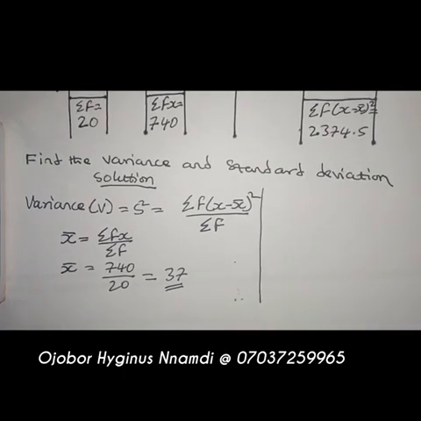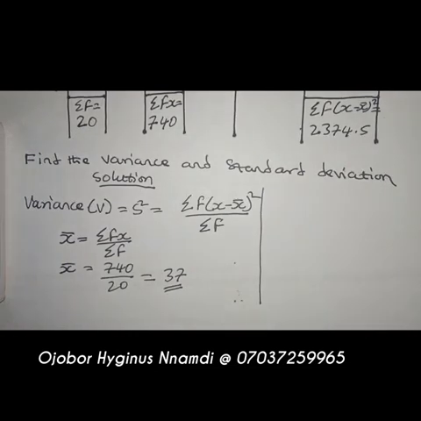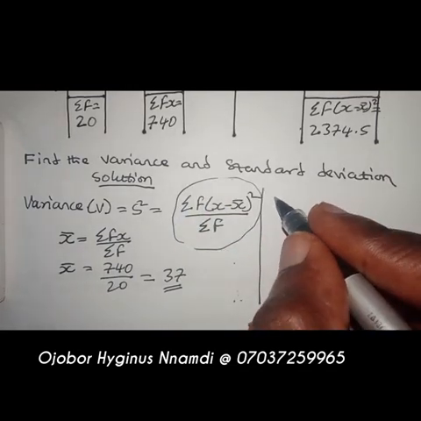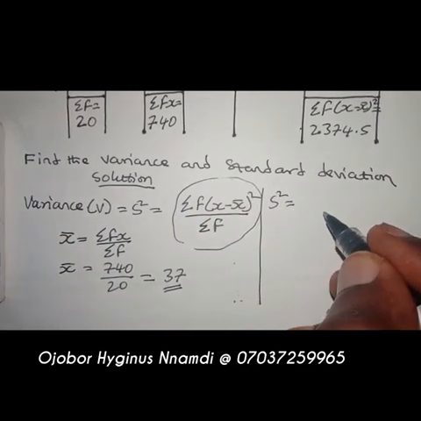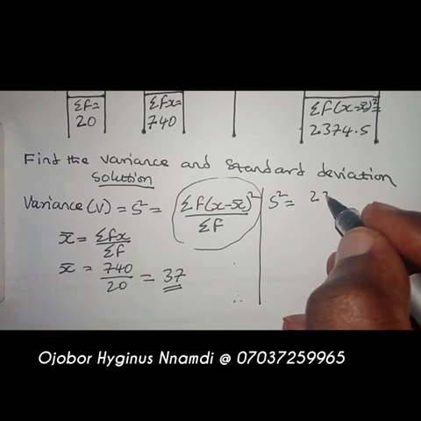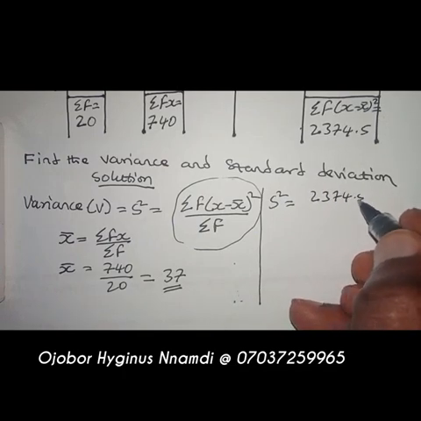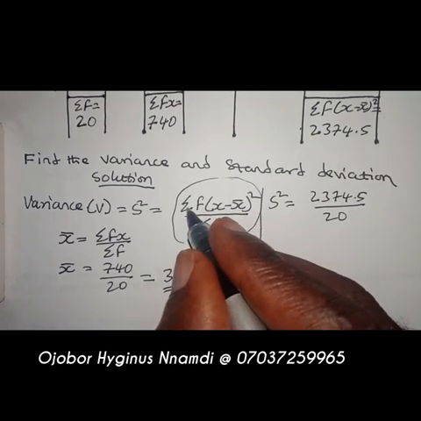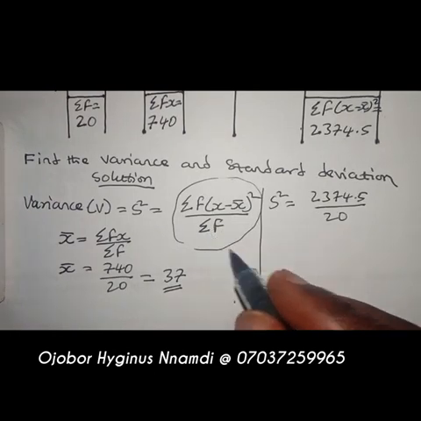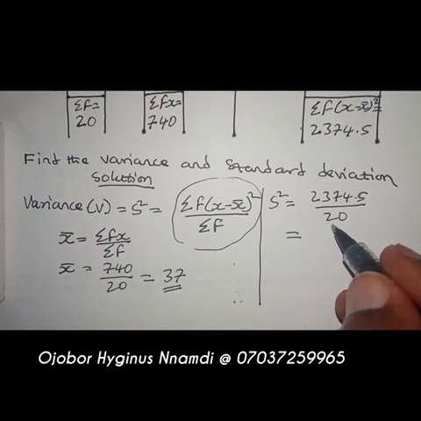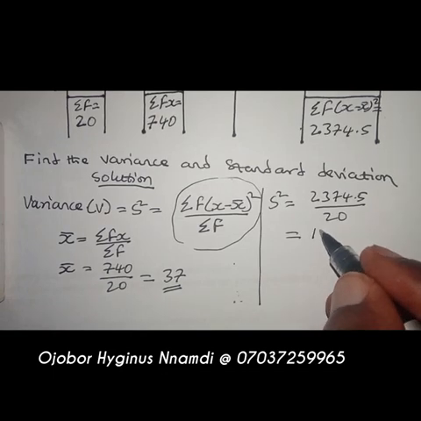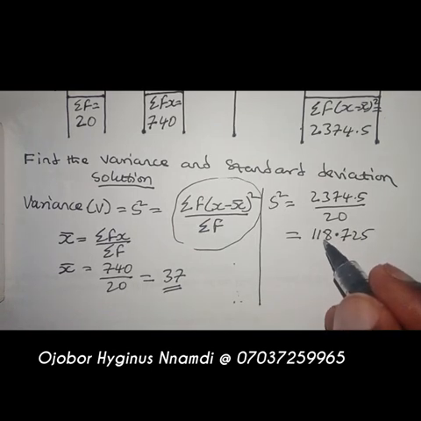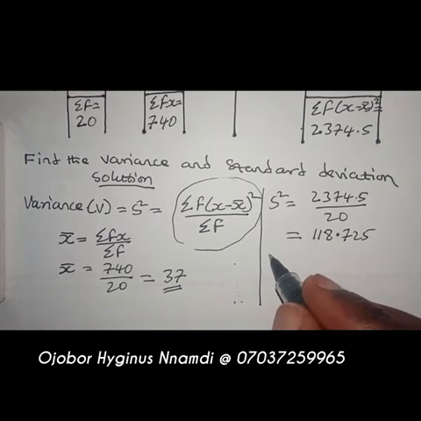So going back to our formula, we can now say that variance is equal to 2374.5 divided by 20. 2374.5 is this, while 20 is this one. When you divide that by 20, we'll get 118.725. That is variance.